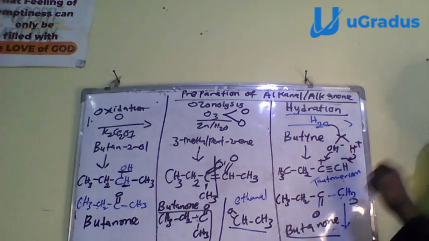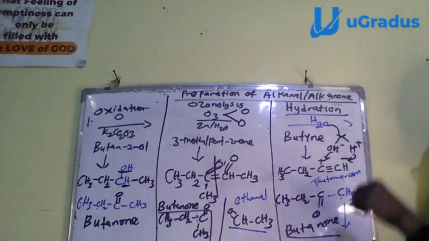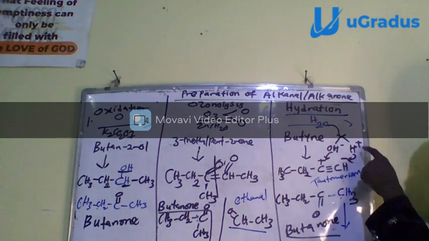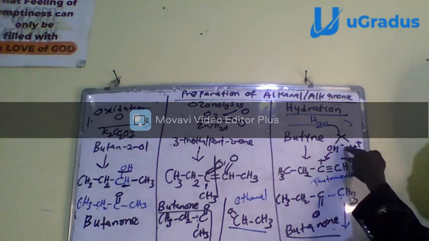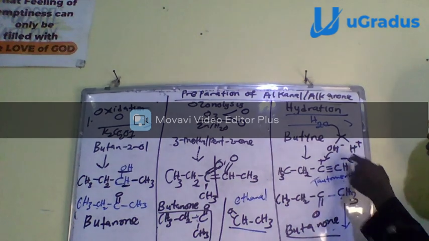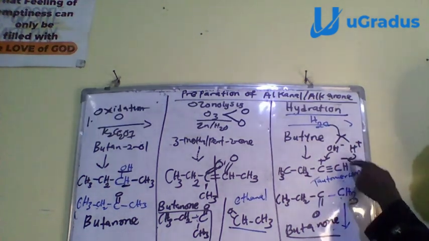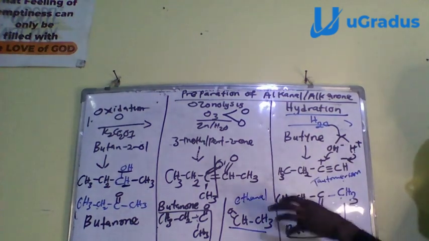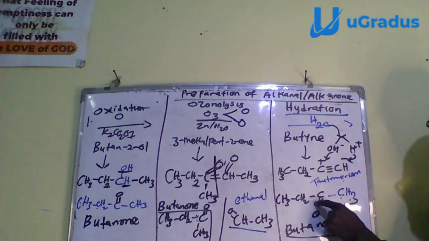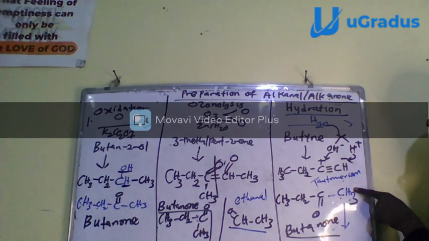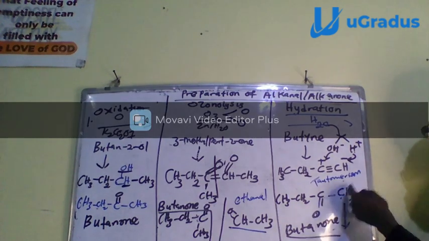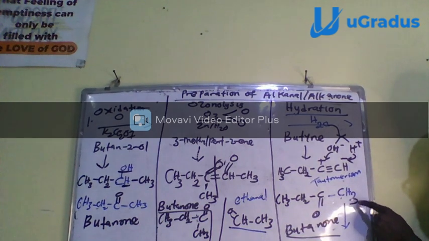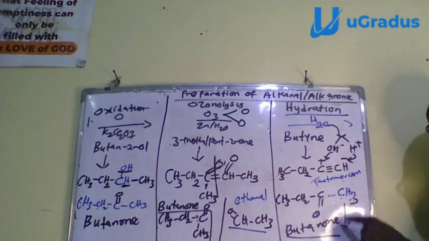Now, if you use the anti-Markovnikov manner, that means if you refuse to follow Markovnikov by bonding minus to plus, plus to minus, and you insist on using minus to minus, which means that this OH will have been here and this hydrogen will have been here. That means at the end of the day, before we tautomerize, the OH will not be at this carbon, it will have been here at the edge. And later on, when tautomerism occurs, the hydrogen will have shifted and the double bonded oxygen that is now here will have been here. And that one will now give us butanal instead of butanone.